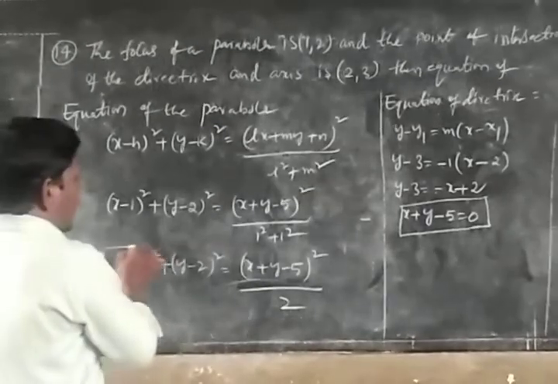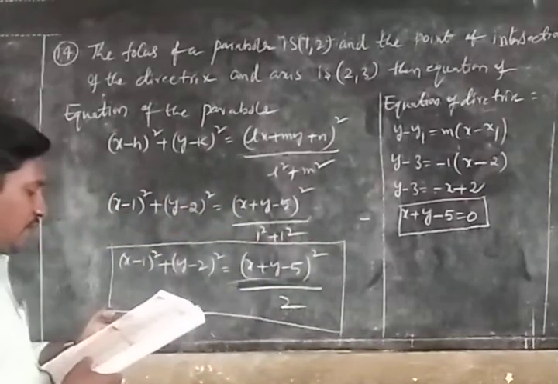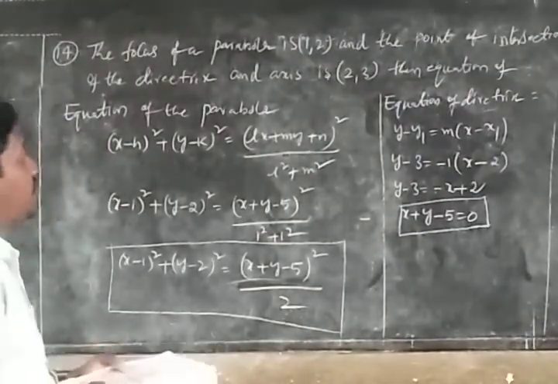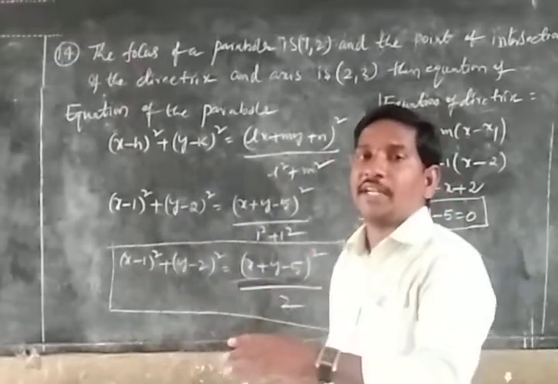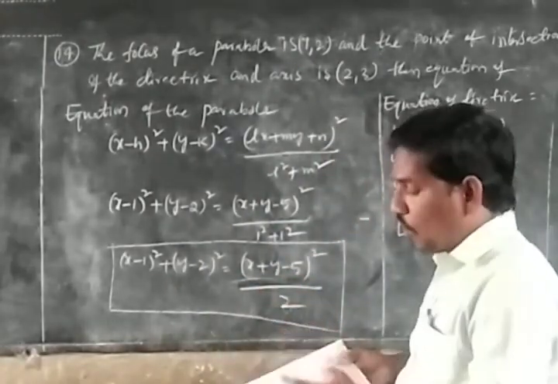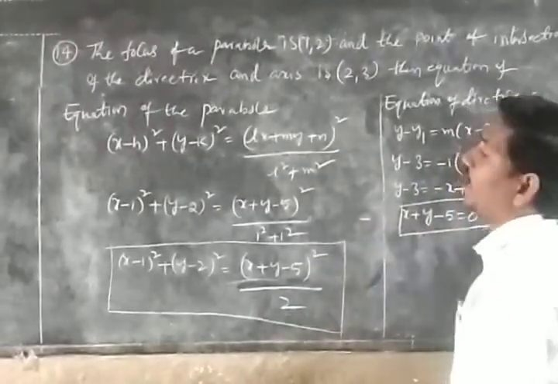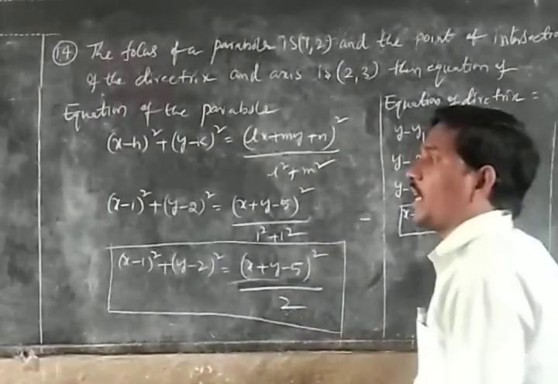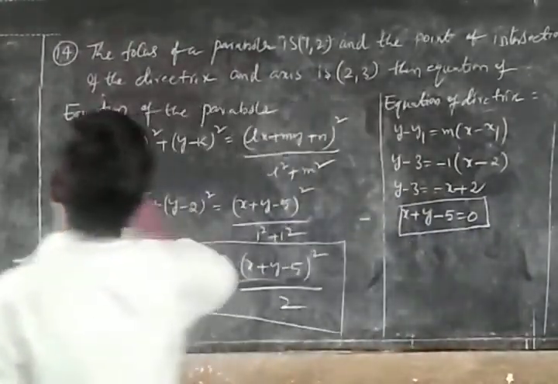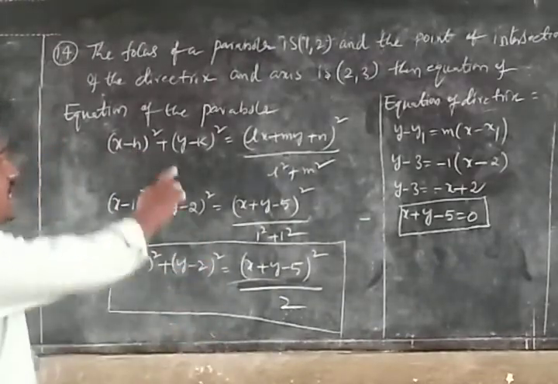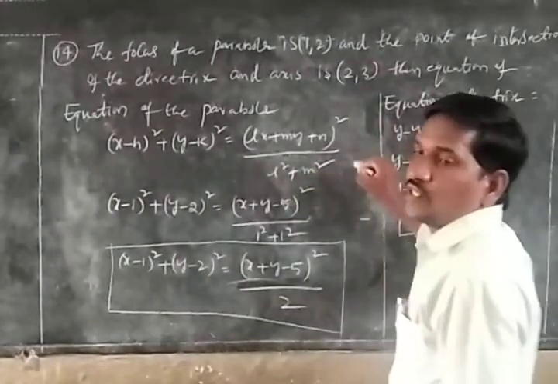This is the equation of the parabola when the focus and a point on the directrix are given. With the focus and a point on the directrix, you can make the equation of the directrix. If you know the directrix and the focus, you can easily find the equation of the parabola using the formula (x minus h) whole square plus (y minus k) whole square equals (lx plus my plus n) whole square by (l square plus m square).